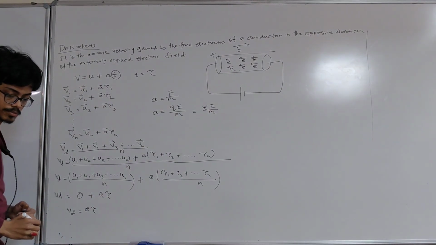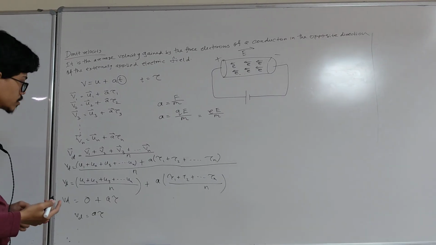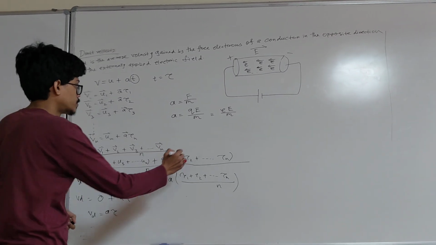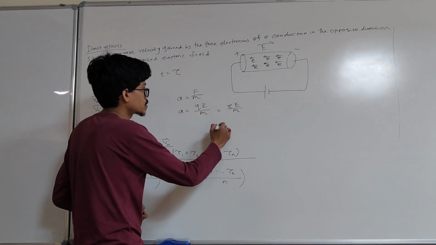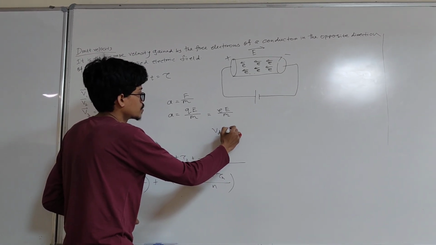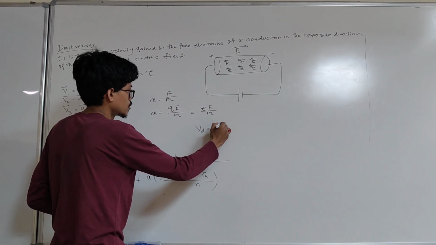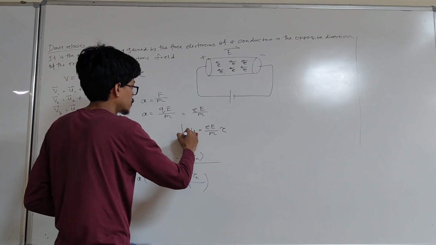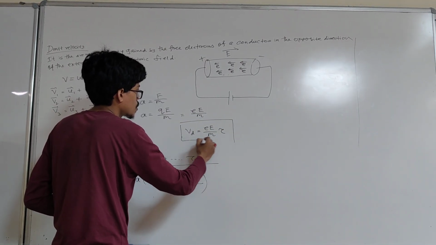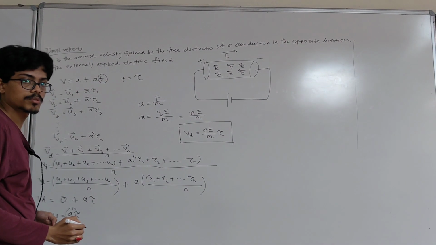So this is a, and we got Vd equals a tau. If we replace a here, Vd will become qE tau by m. So this is the form of the drift velocity expression.